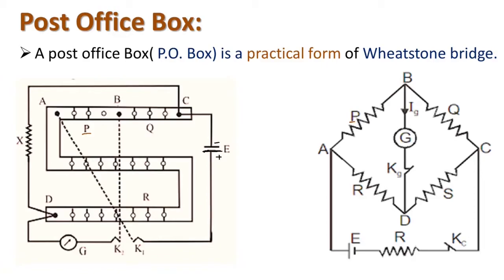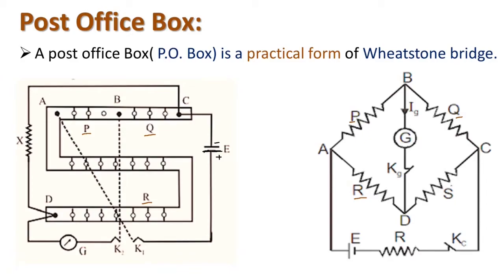In between terminal B and C, arm Q having number of resistances is connected. Here also we are observing in between B and C, the resistance Q is connected. Here also in between terminal A and D, resistance R is connected.